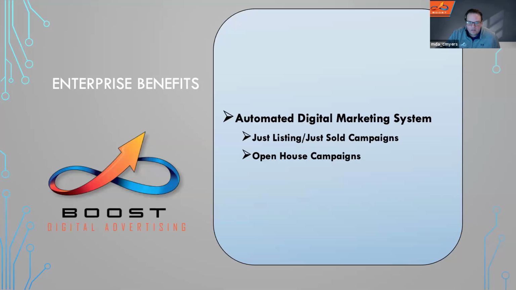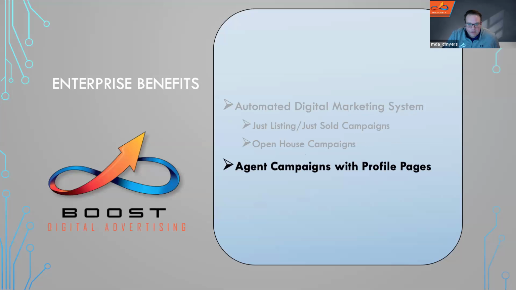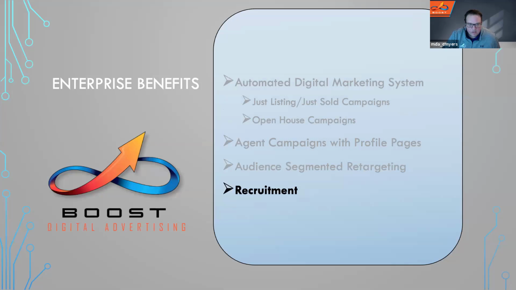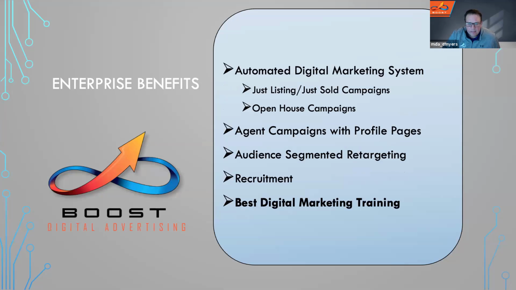So we'll look at the just listed and just sold campaigns that we run, our open house campaigns, the agent campaigns with profile pages, audience segmented retargeting. We'll spend quite a bit of time on that in the rest of the presentation. Recruitment campaigns, best digital marketing training. So we'll go over what we do and how we educate your agents on digital marketing.